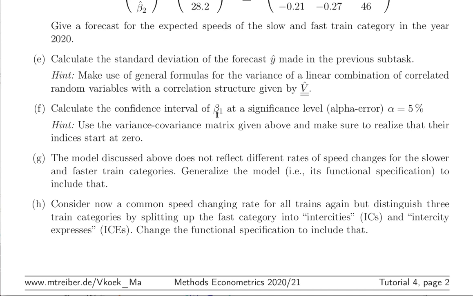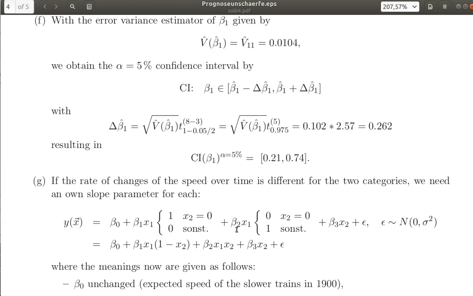It's symmetric around the estimator of beta 1, and because we can only estimate the variance, the residual variance, and that also means the variance of the beta estimators, the relative deviation, so the deviation of this expectation, is student t distributed if we express it in terms of the expected standard deviation. So we have just the standard formula for the confidence interval.